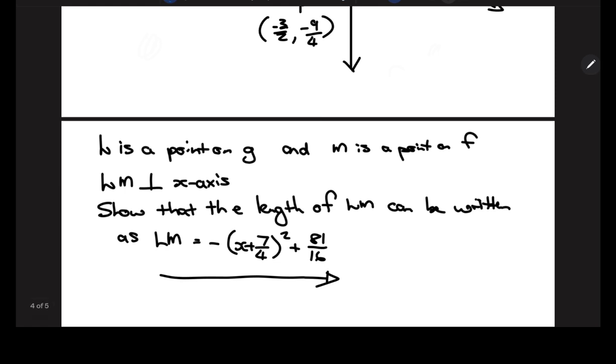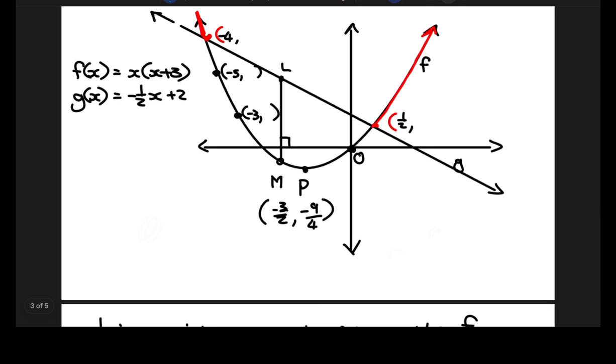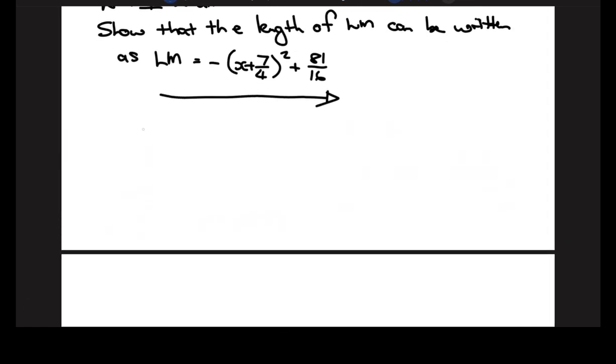Okay, so where do I start with this? Whenever you see these funny questions where they've got some sort of line that goes vertically, you always take the top function minus the bottom function, always. So LM equals the top function, which is g of x.